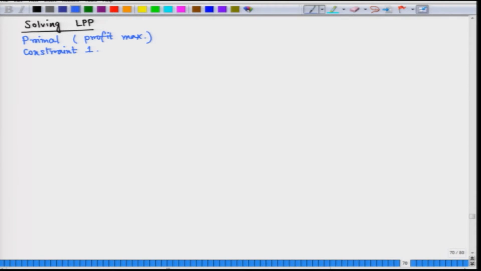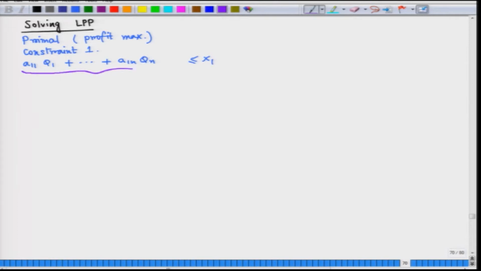Okay. So, let us now look at the constraint. We had A11 times Q1 plus ... plus A1n times Qn, and that is basically less than or equal to X1. How did we interpret that previously?